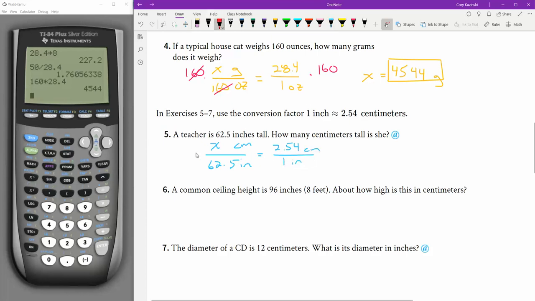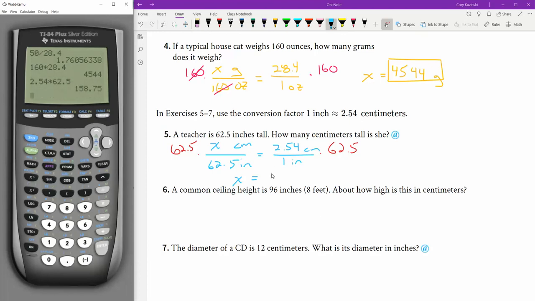Let's multiply both sides by 62.5. And we get that x is 2.54 times 62.5, 158.75 centimeters.